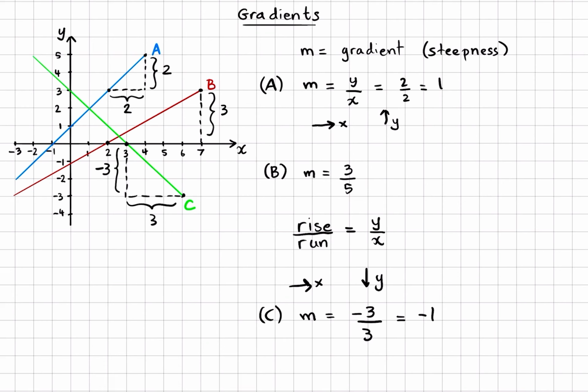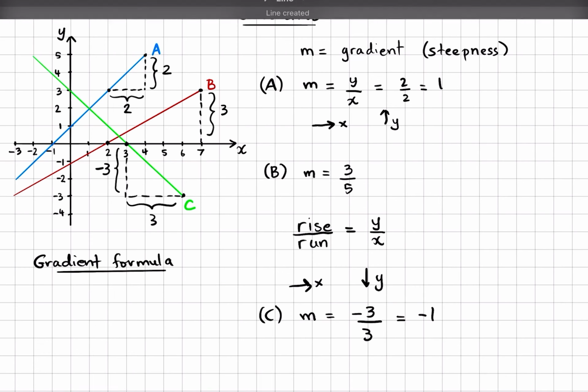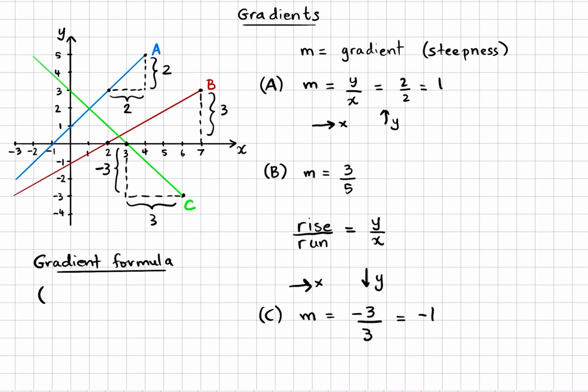All right. Now, the last thing I want to talk about is putting all of this into a formula. So the gradient formula, when we're dealing with linear functions or lines, straight lines. So assume we have 2 coordinates here, which is what we're using, right? So we have 2 points.